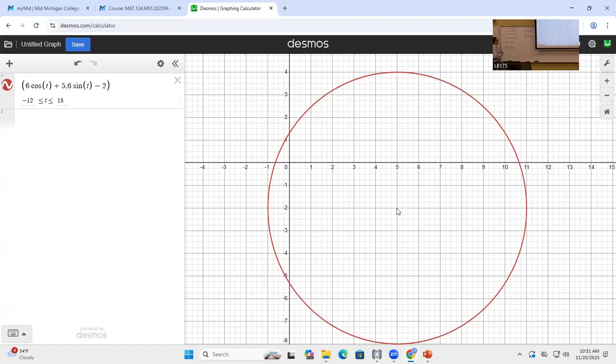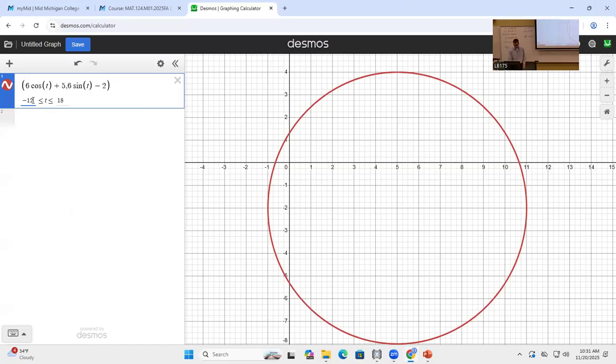I put scalars of 6 in front, that makes it a circle of radius 6. And then the plus 5 in the x direction moved it in the x direction 5 units. The minus 2 in the y direction moved it down 2 units.